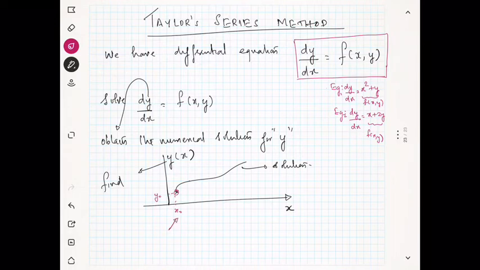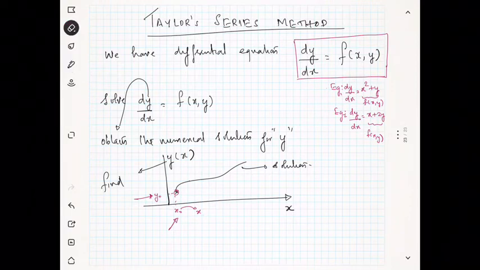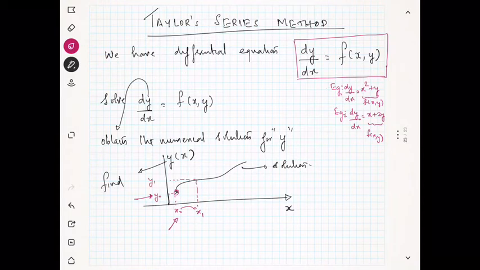From x naught you will proceed further to obtain x1, and for this particular x1 you will find y1. Then by using x1 you will find x2, and for this x2, what is the value of y2? That is what you are going to find, given a differential equation of the form dy by dx equals f of x, y.